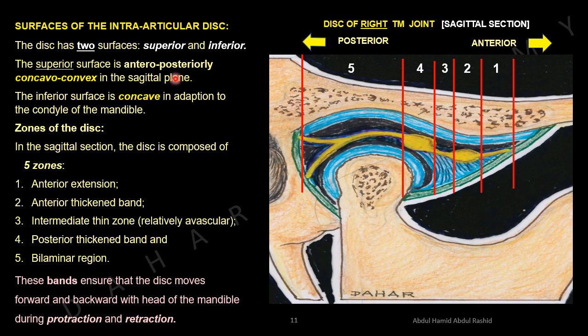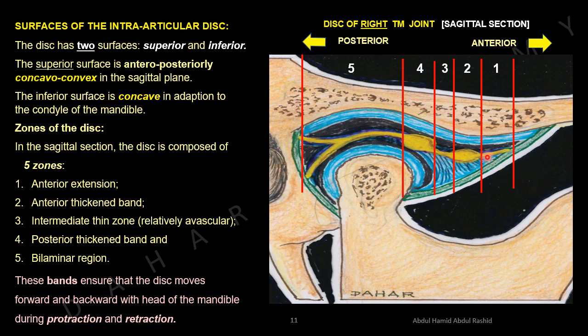Let's talk about the zones of the intra-articular disc. In sagittal section, the intra-articular disc is composed of 5 zones. Zone 1, Zone 2, Zone 3, Zone 4 and Zone 5.